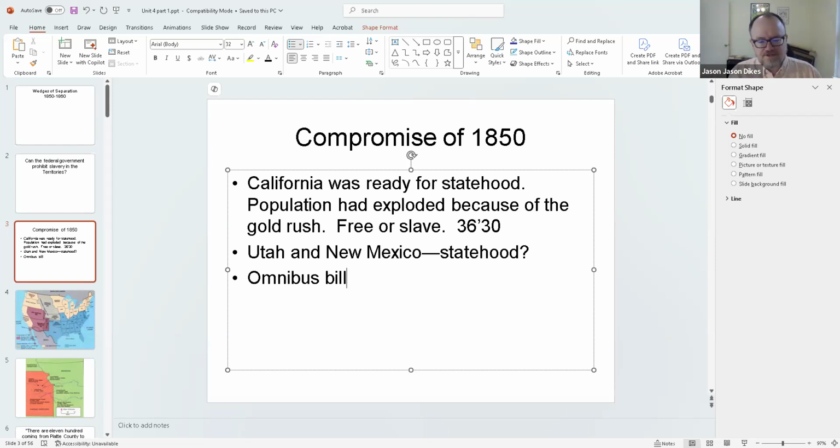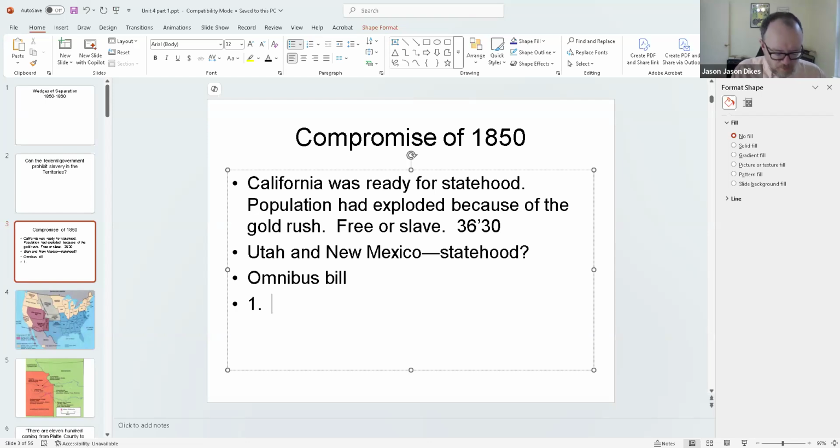You have some vegetables, you have some root vegetables, you have some meat, you kind of all jam it into one pot. It's the same thing of what an omnibus bill is. You kind of take several different issues that nobody's going to agree about and sort of jam them together and hope you have enough to get an agreement. So let's look at the Compromise of 1850.